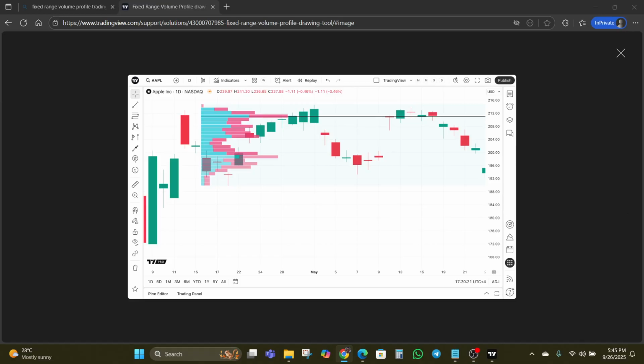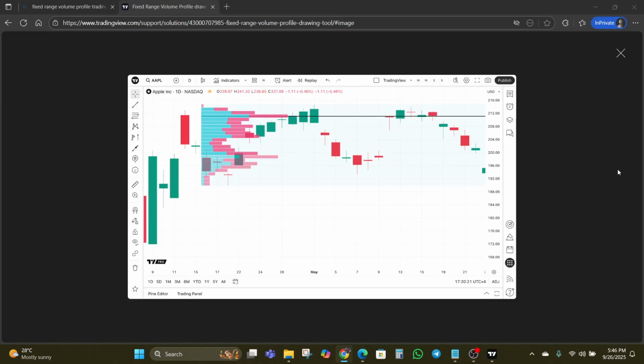So now I'm just going to be giving you a few practical tips when making use of the fixed range volume profile. You need to combine your volume profile analysis with trend analysis for better accuracy. This is the first tip.